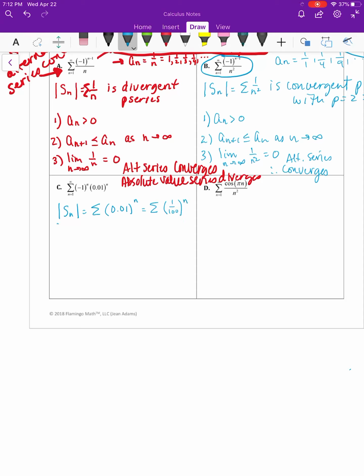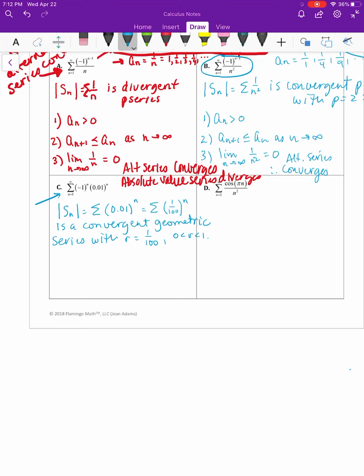Letter C. If I took off that negative 1, positive 1, negative 1, positive 1, and just looked at the absolute value of my summation, that would be summation 0.01 to the n. Hopefully that looks familiar. We could also say summation 1/100th to the n. I hope you're saying, oh, that's a geometric series.